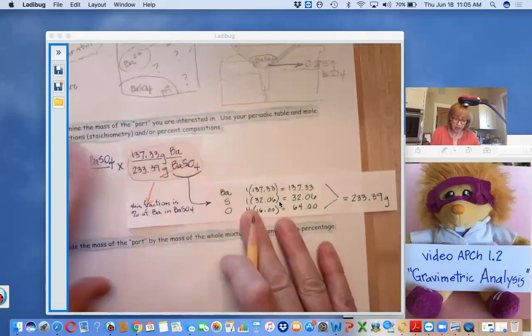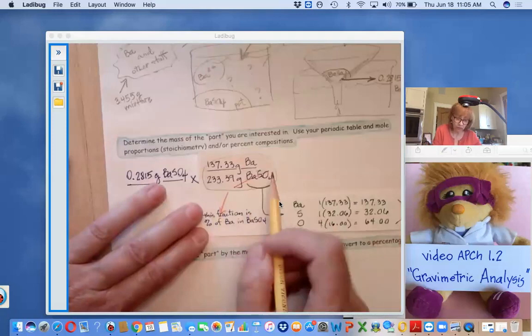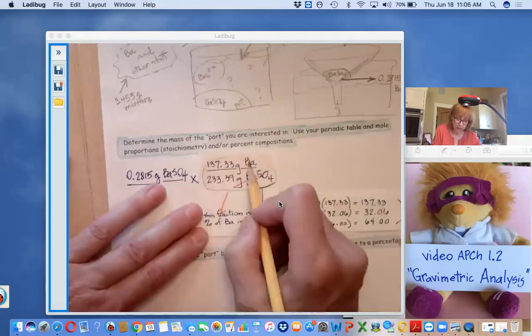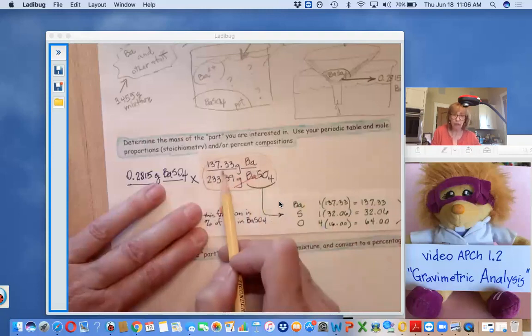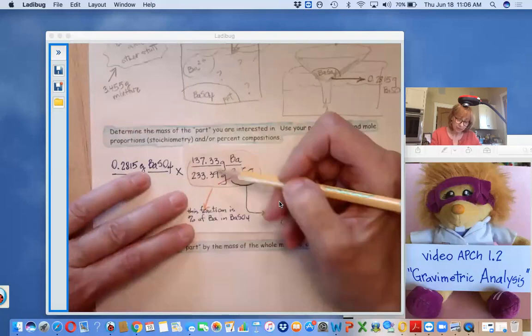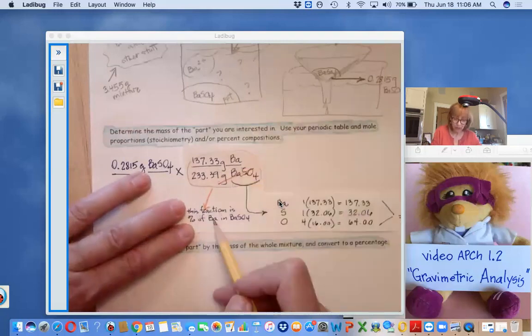And out of that mole of barium sulfate molecules, there is 1 mole of barium atoms. Atomic weight of barium is 137.33 grams. So again, this fraction is the same thing as the percent composition of barium in barium sulfate.